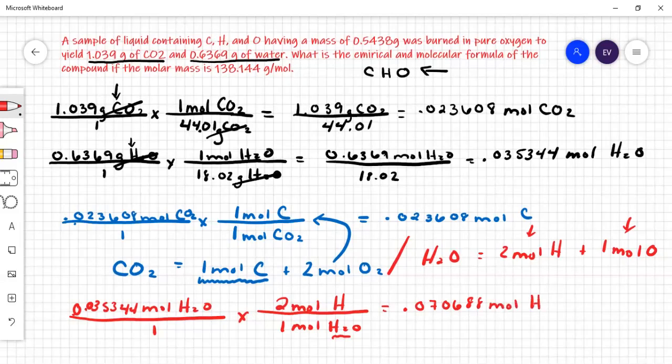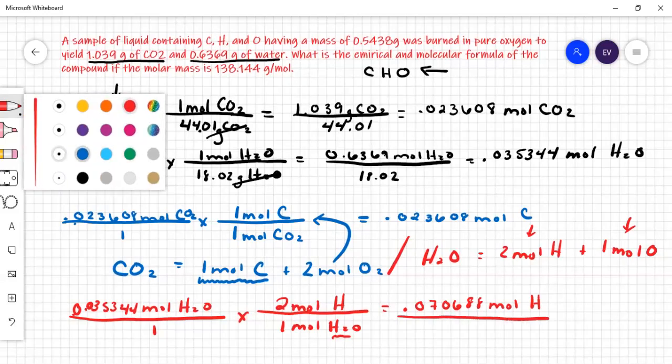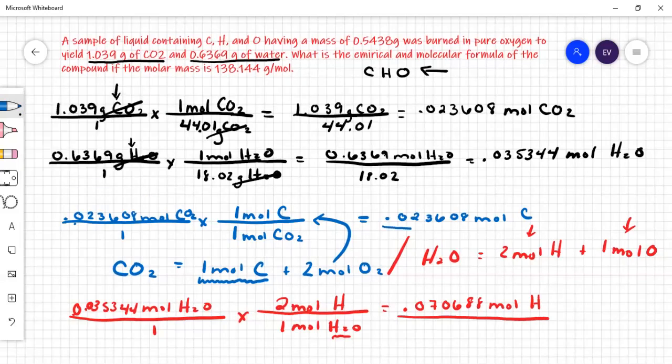Okay, so working this problem out, here's what I've determined. In the 2 products that were formed, CO2 and water, I have produced 0.0236 moles of carbon and 0.0706 moles of hydrogen.